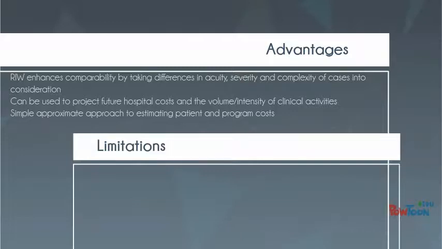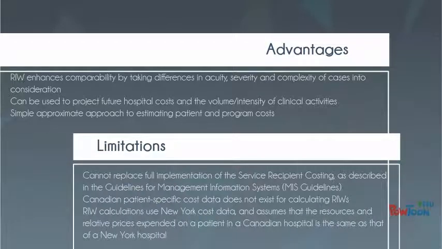However, there are limitations. RIW as a measure of resource use cannot replace full implementation of service recipient costing. An activity-based costing model is described in the Guidelines for Management Information Systems in Canadian healthcare facilities. Ideally, cost estimates and RIWs for the patients in each CMG should be calculated from a Canadian database of patient-specific costs.